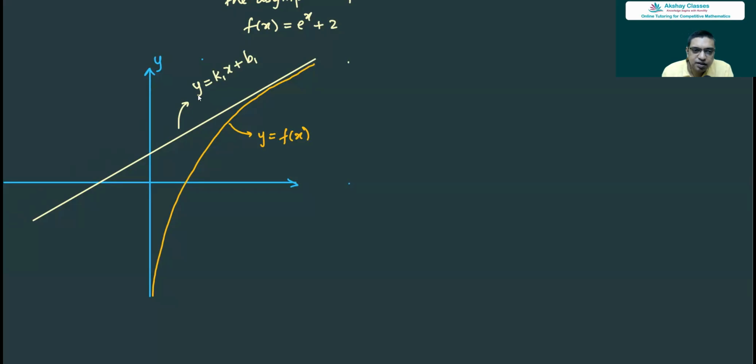This is the slope intercept form of the straight line. So this is b1 and there's this slope. Now what is f of x upon x, limit x tends to plus infinity.